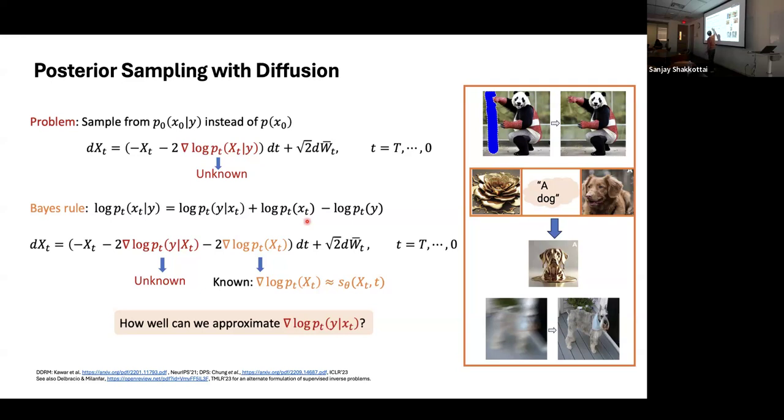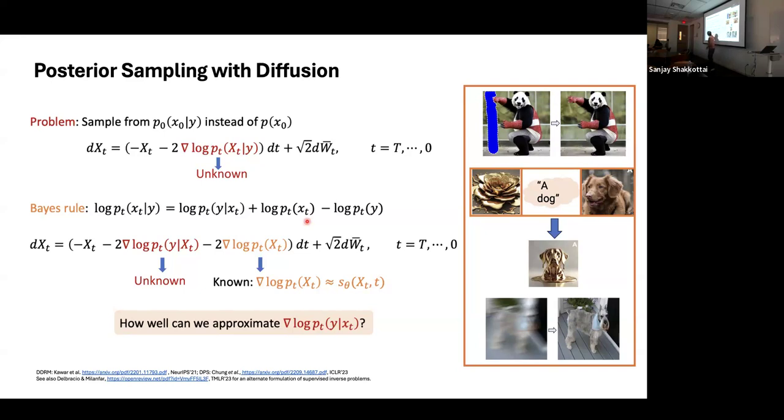And if I take log, it becomes the sum of three terms. The first term is the density of measurements given the noisy image. The second term is just the density of the images themselves, which is what the score function already gives me. And a third term. If I take a gradient, this term does not depend on x. So there are only two terms.